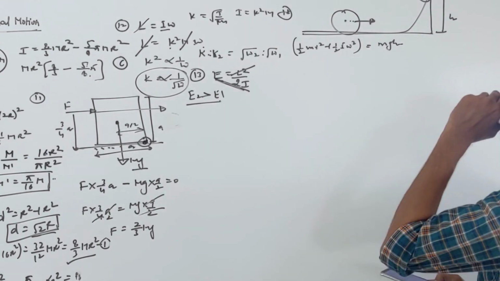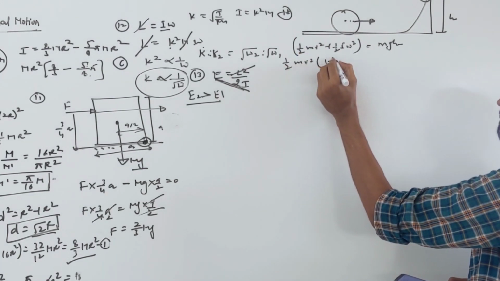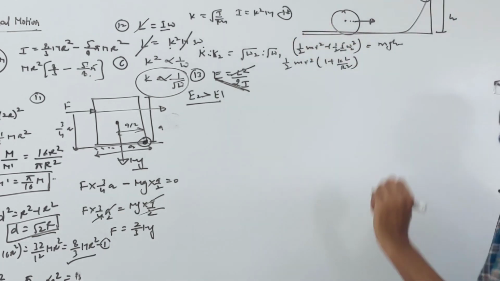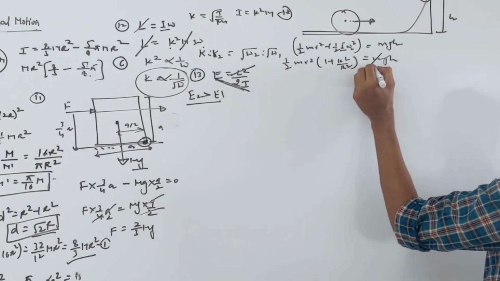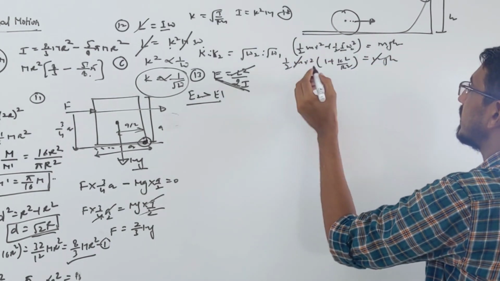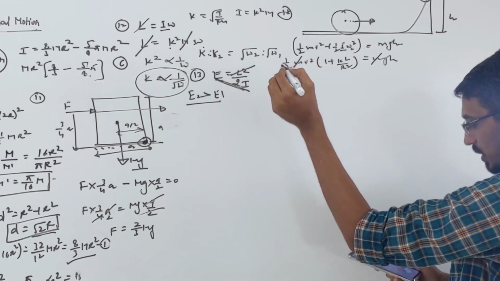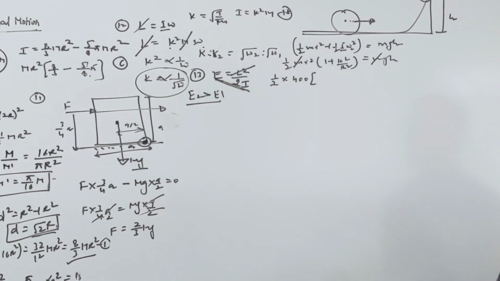So this formula you can also write, the shortcut I told you: half mv square into 1 plus k square upon r square, or you can put the value of inertia and write it in terms of v, your choice. That is equal to mgh. M goes away, right? All things are given, let's put it here. So 1 by 2 velocity square, velocity is given as 20, becomes 400. Now for this term, you have to put the k value.